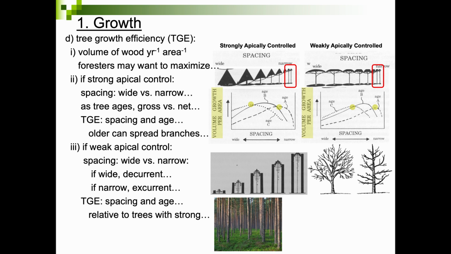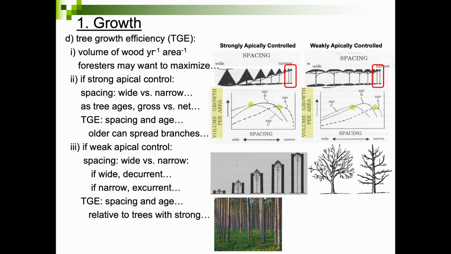When they are older, strongly apically controlled trees are going to be more efficient when they are widely spaced because, again, they can reach out their branches and absorb more and more light.